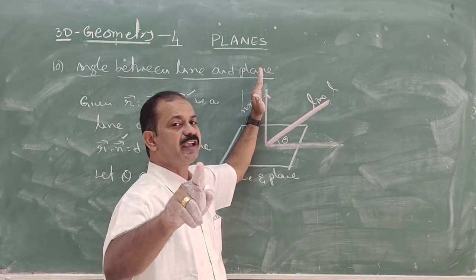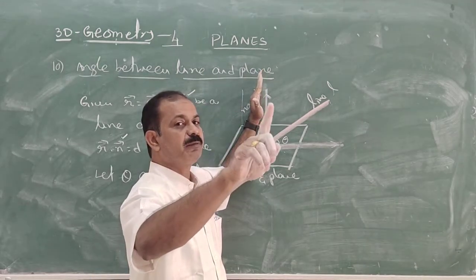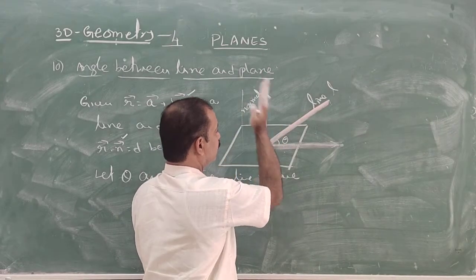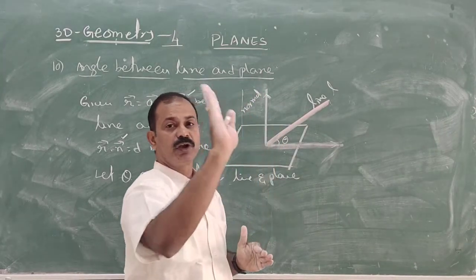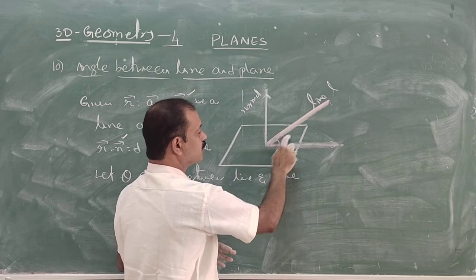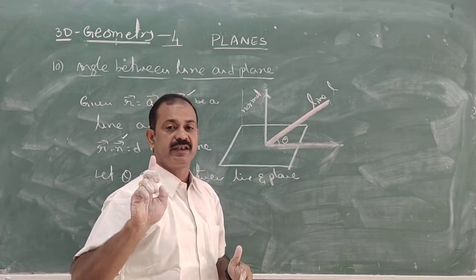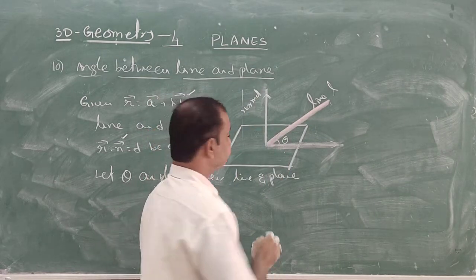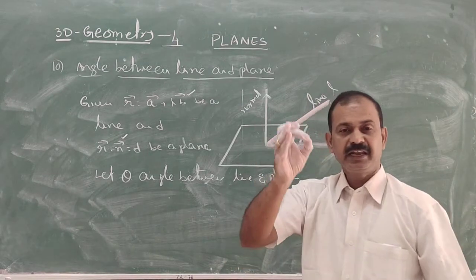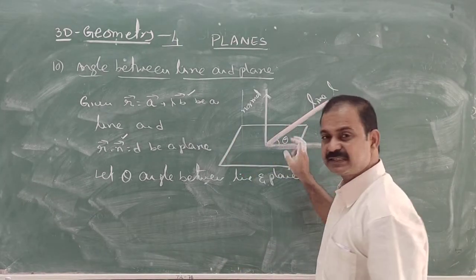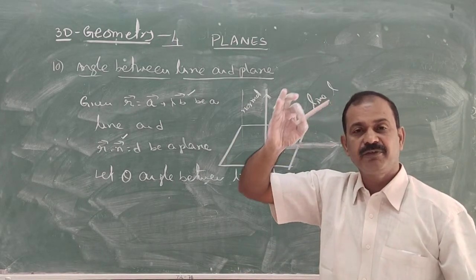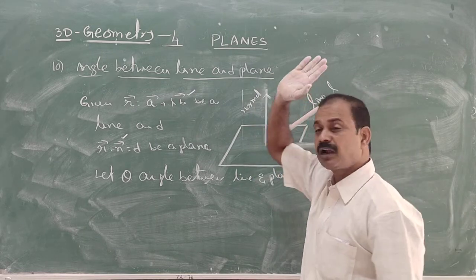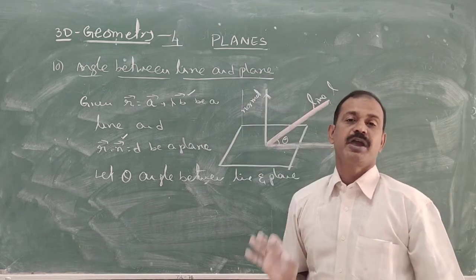So once again I repeat, the angle between line and plane means we have to find the angle between parallel vector and perpendicular vector only.